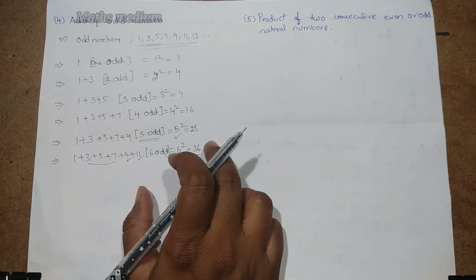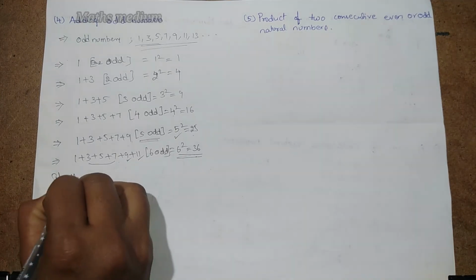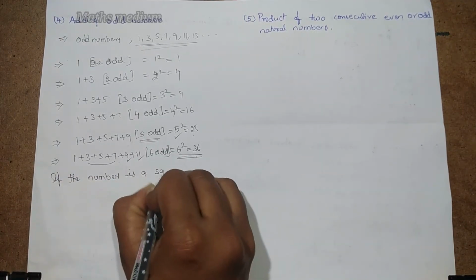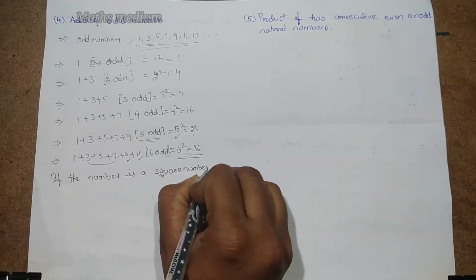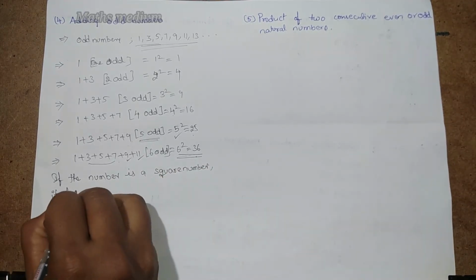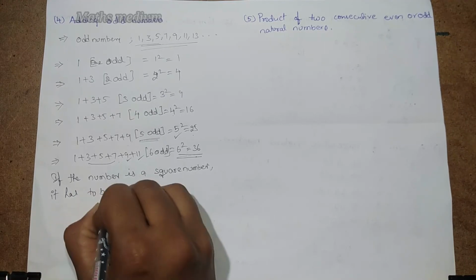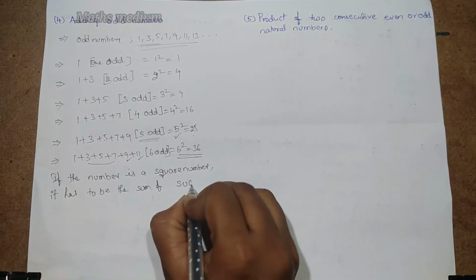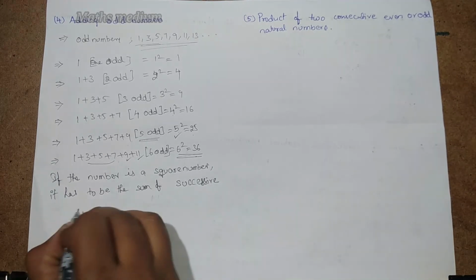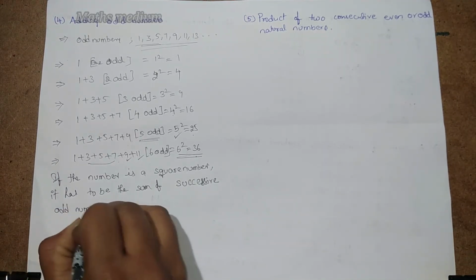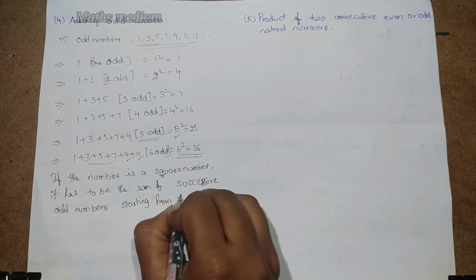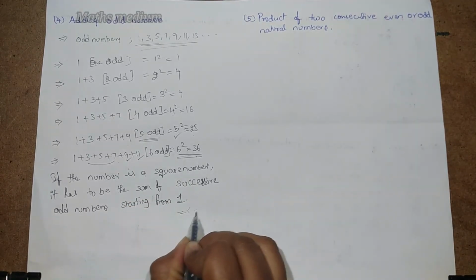We can write it as: if a number is a square number, it has to be the sum of successive odd numbers starting from 1. This is the property of adding odd numbers.